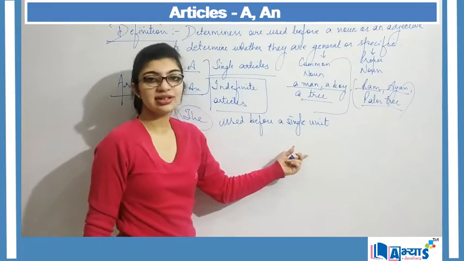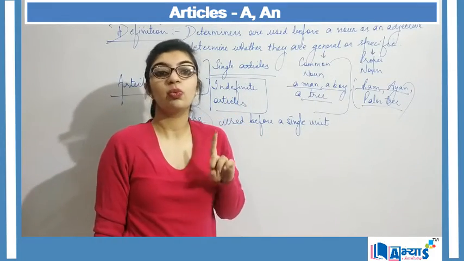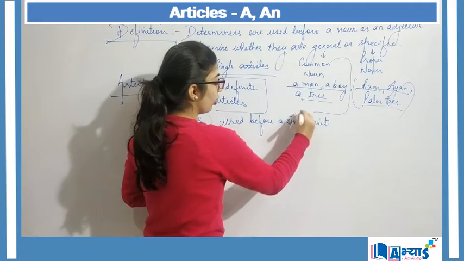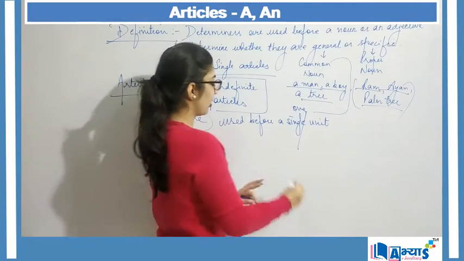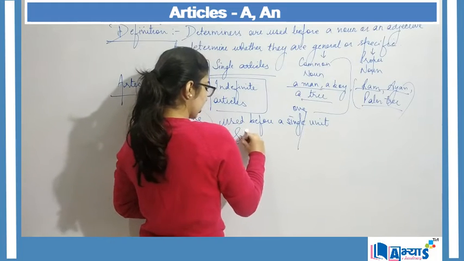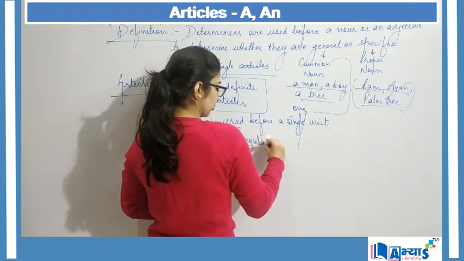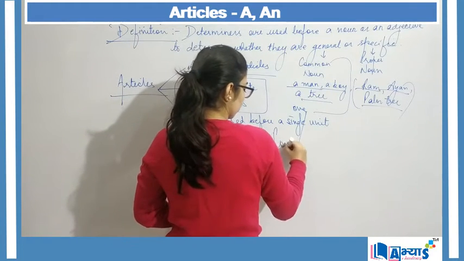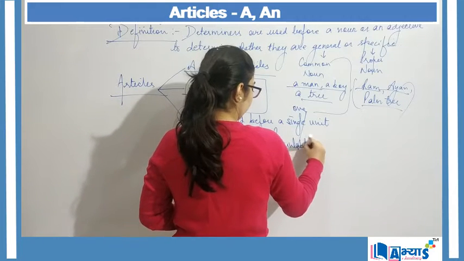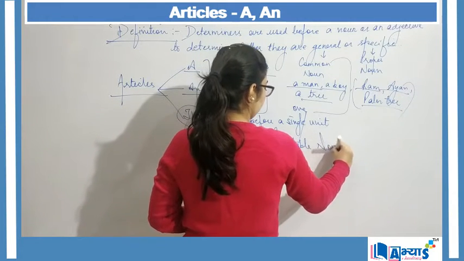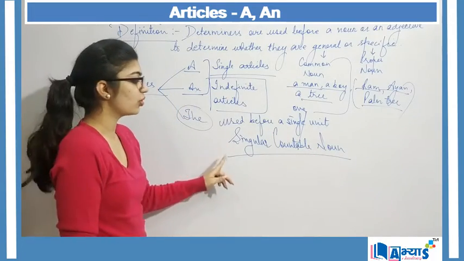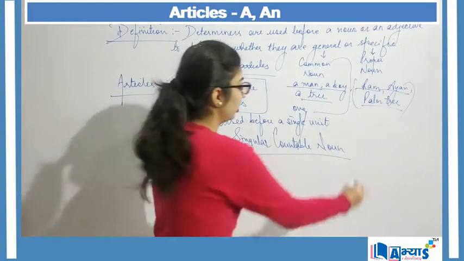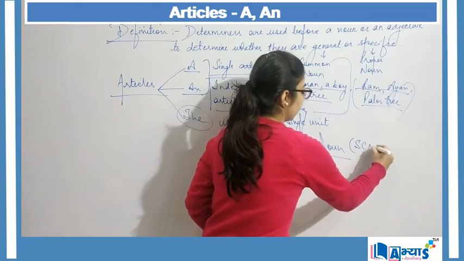Single unit means the unit will only be one, right? Single or one unit, they are also referred to as singular countable noun. So a and an are used before singular countable noun, SCN.